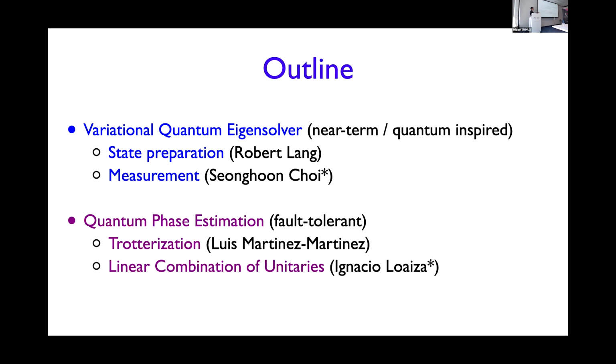The ones with asterisks, Hyun-Hoon and Ignacio, will be talking after me, and so they will cover these topics in more detail. Essentially, we are looking into the variational quantum eigensolver algorithm in the near term and quantum phase estimation. There are challenges, of course, in those algorithms, and solving those challenges allows us to understand which systems are more amenable than others.